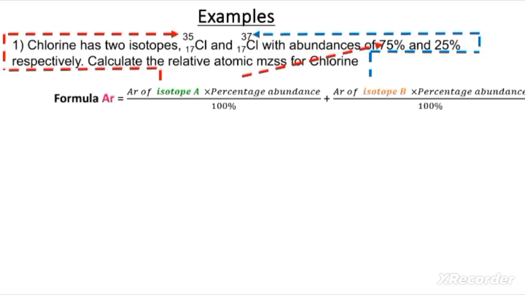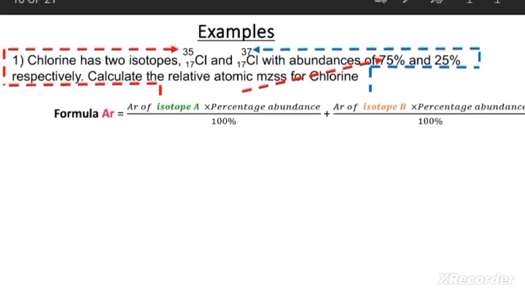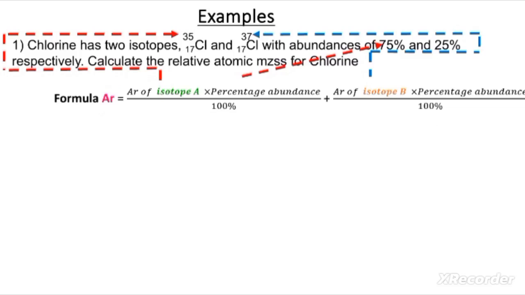Let us also identify the percentage abundance of B. So the percentage abundance of B is 25%. Okay.